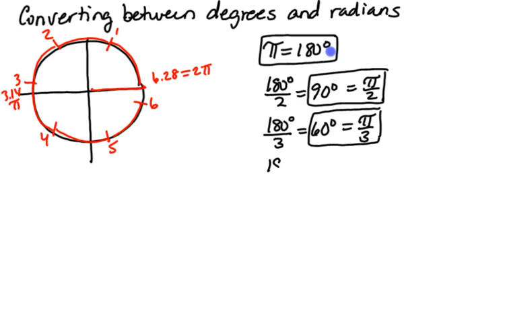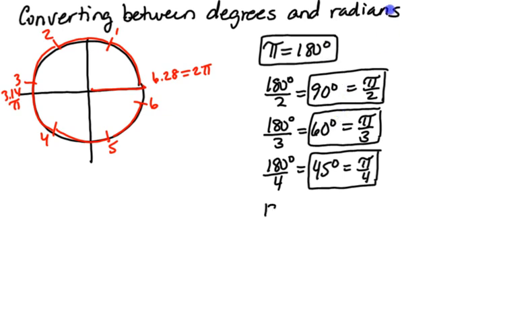If I divide 180 by 4, well, off the top of your head you might not know that, but 180 divided by 2 is 90, and if you divide by 2 again, it would be 45. So it has to be pi over 4, because pi equals 180, so I divide them both by 4 and I get another true statement: 45 is pi over 4.